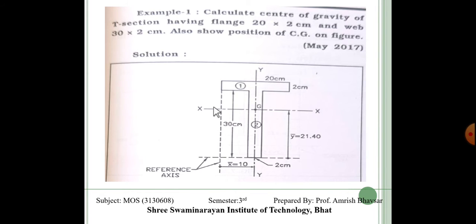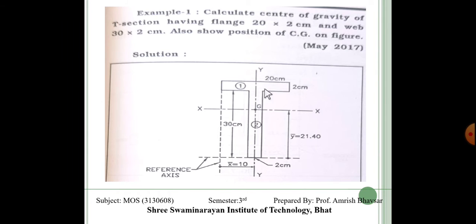Now we have to find out center of this T section. So first of all we have to put down reference axis over here, leftmost point and the bottommost point. We have to finalize that this is symmetrical about y axis.